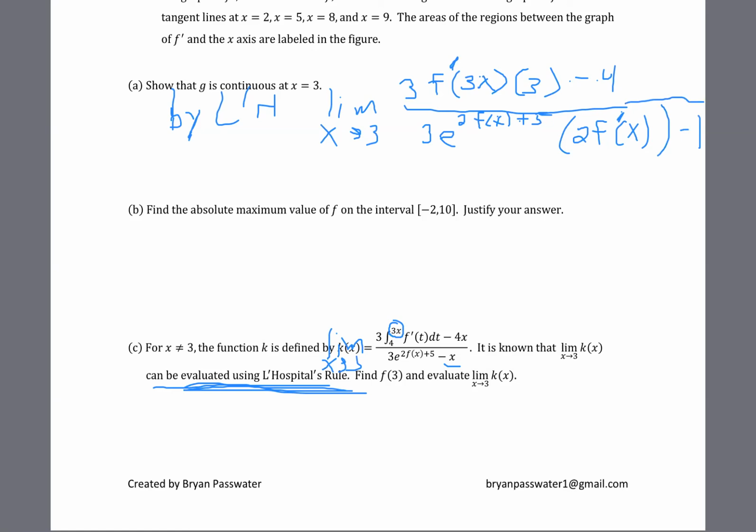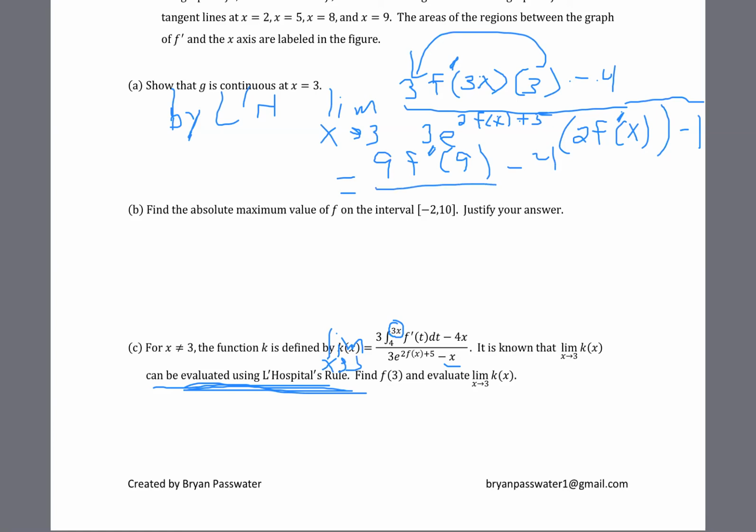And now I've got to plug 3 into all this stuff because I'm doing the limit as x approaches 3. So I'm going to get 3 f prime of 3 times 3 is 9. I'll take this 3 and multiply it over there by that 3, so instead of having the 3 in front, it's going to be a 9. Then I've got this minus 4 over here.